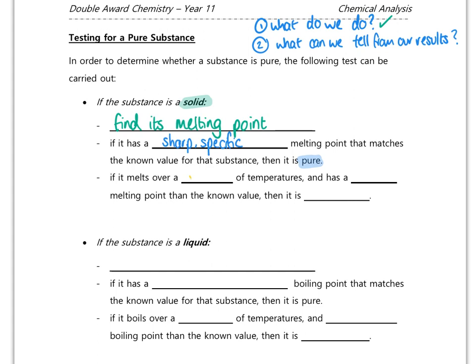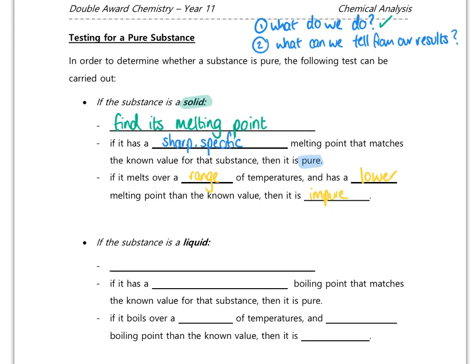If it melts over a range of temperatures, how is the melting point changed? If it's an impure substance, the melting point will be lower. So if it melts over a range of temperatures and has a lower melting point than the known value, then it is impure. That's really important.